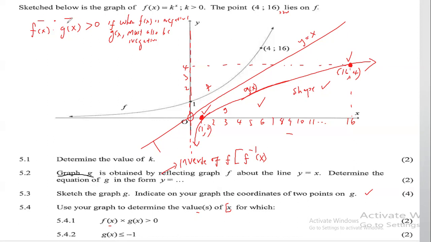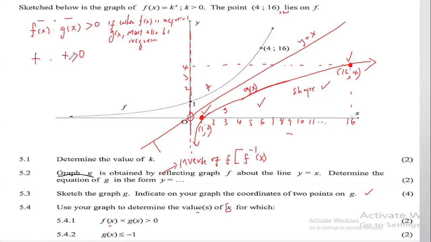Or another possible way in which we can get a value above 0 when we multiply these two, is when f is positive and g is also positive. If we multiply positive with positive, we will get an answer which is above 0.